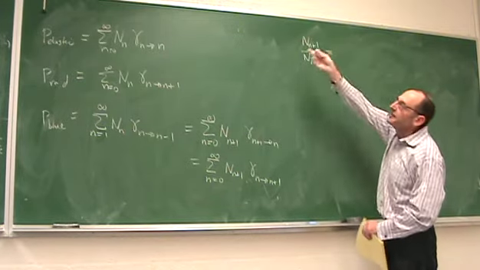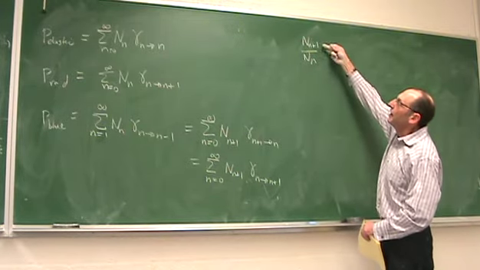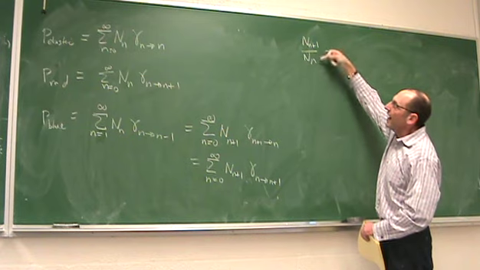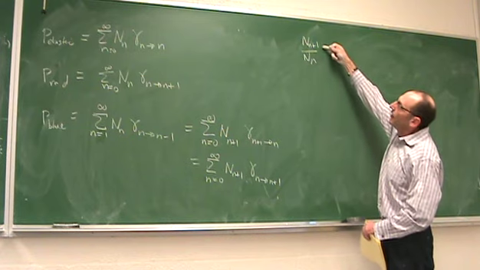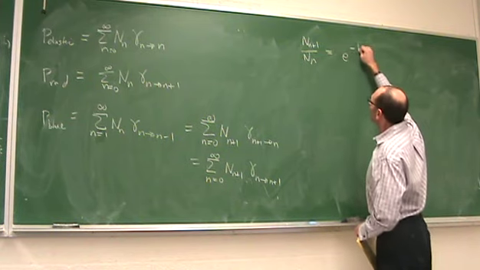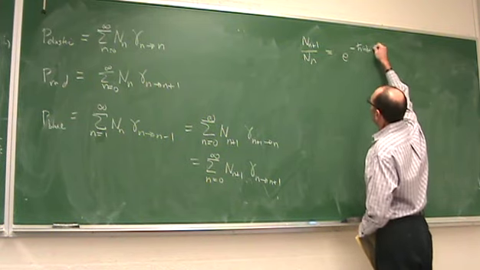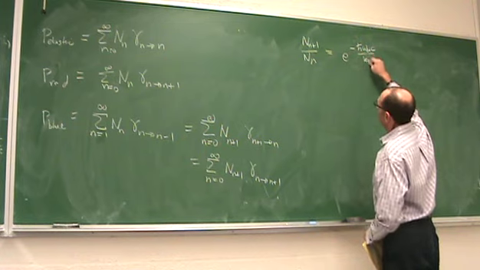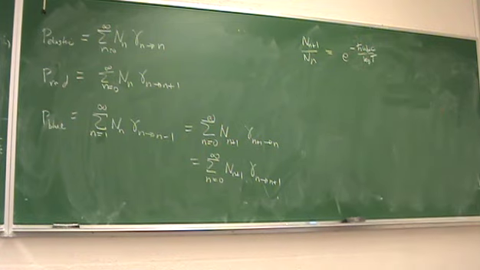So, to the degree that this is a harmonic oscillator, the probability or the fraction that's in the n plus 1 state relative to n is the Boltzmann factor, which is the energy level spacing divided by the temperature in Boltzmann units.